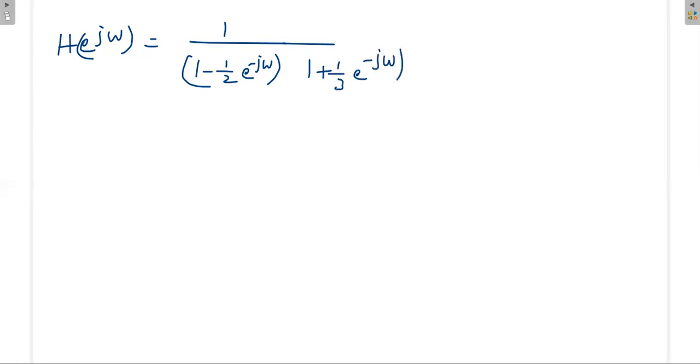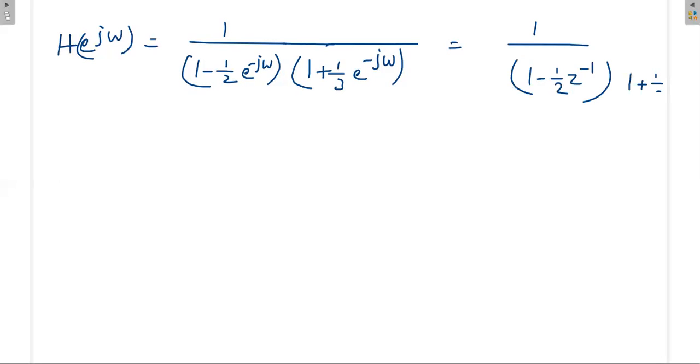If you write it in the z domain, you'll observe that 1 by 1 minus 1 by 2 z inverse, again 1 plus 1 by 3 z inverse.